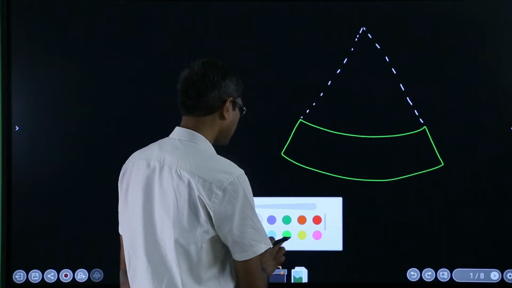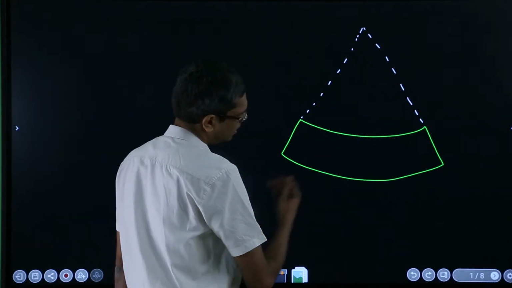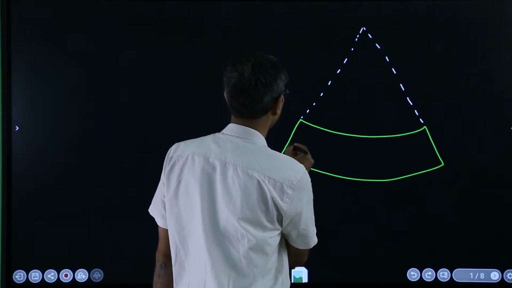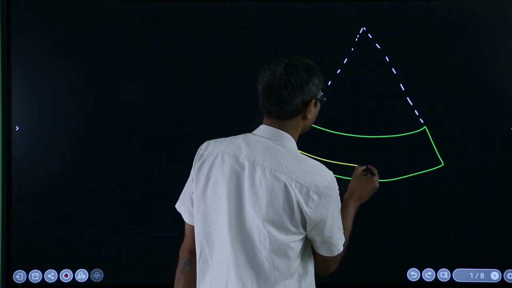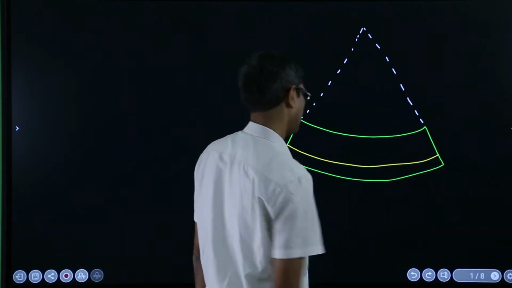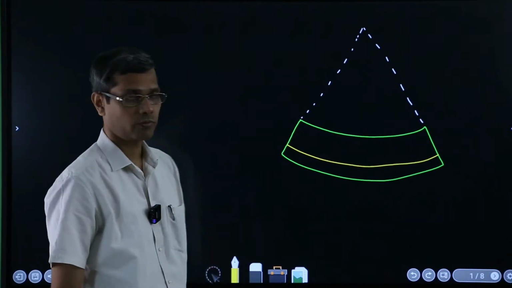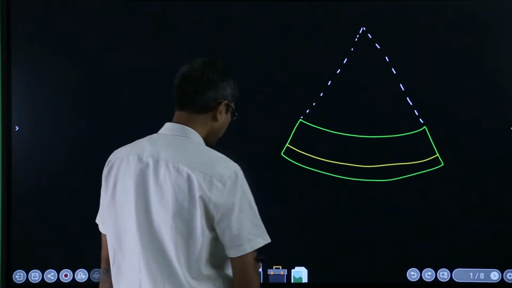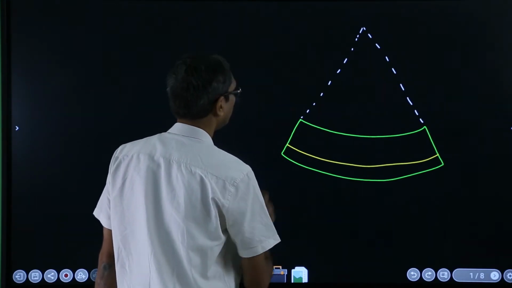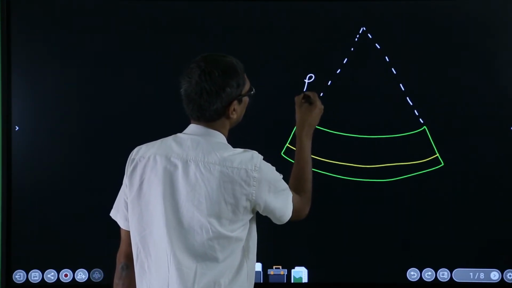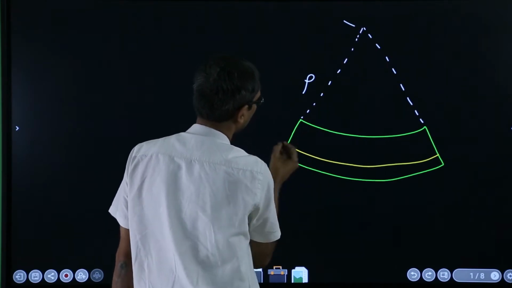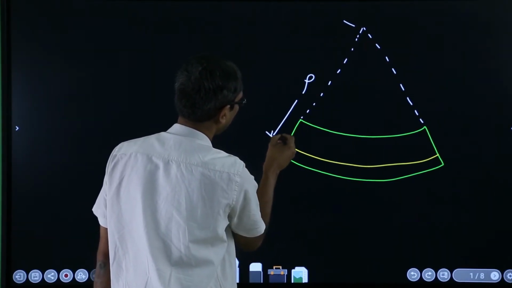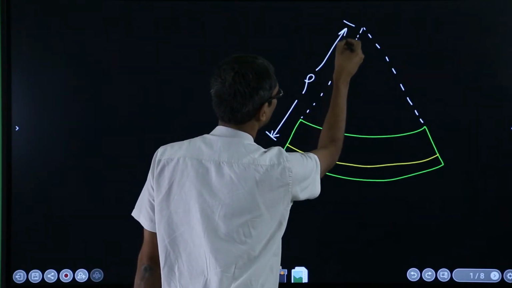Let us assume that it is somewhere here. We do not know the exact location, but we will denote by rho the radius from the center of curvature to this fiber, which we call the neutral fiber.